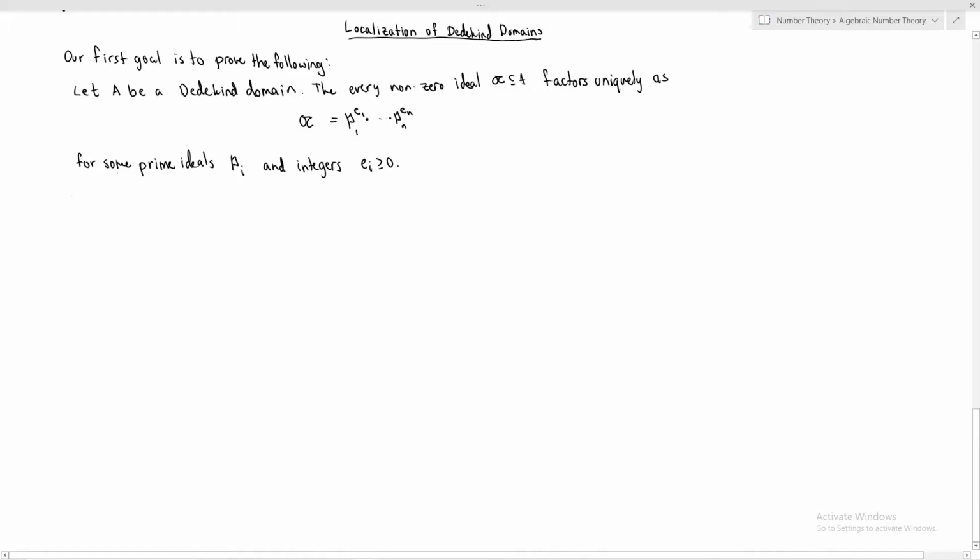I should remark, why am I factoring ideals as opposed to just elements of the Dedekind domain? Well, it turns out that Dedekind domains can fail to be UFDs.